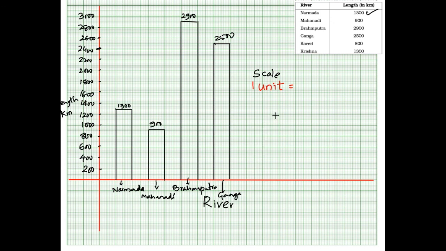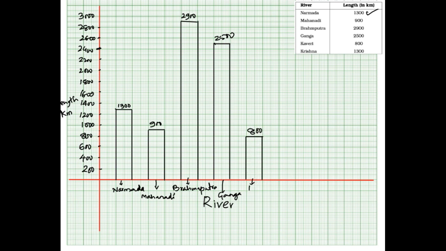Next we have Kaveri, which is 800. Let me erase this part. I'll write it at the end. Kaveri is 800. So 800 is exactly here. This is river Kaveri. So let me mention the length is 800.